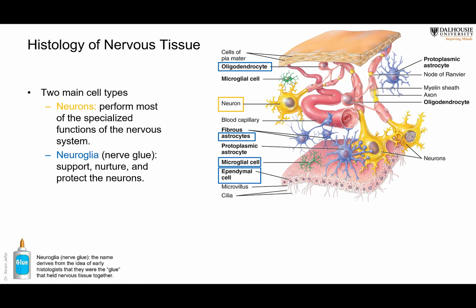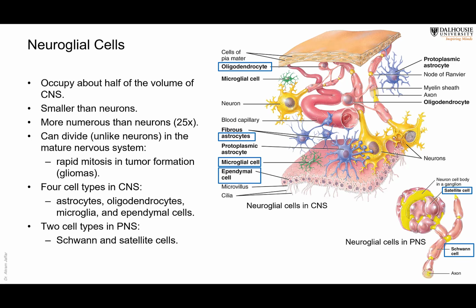Neuroglia: their number is more than the number of the neurons, but they are smaller than the neurons. So they occupy about half of the volume of the central nervous system, but because they are smaller, they outnumber the actual neurons. They differ from neurons in that they are not excitable, of course, as I mentioned, but they can divide.